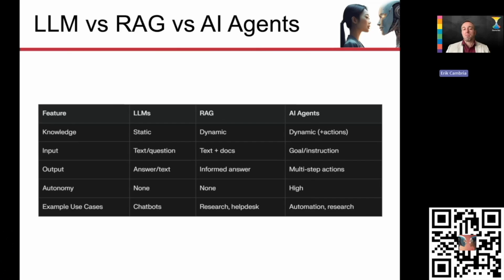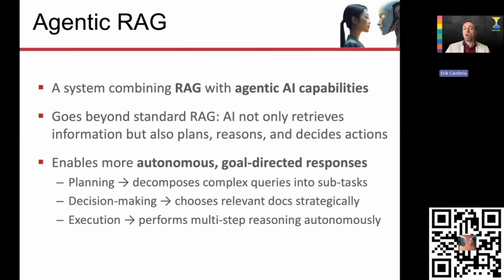And it's, again, best for those more complex applications. So if I have a simple task, I can just apply vanilla RAG. I don't need to go for Agentic RAG.